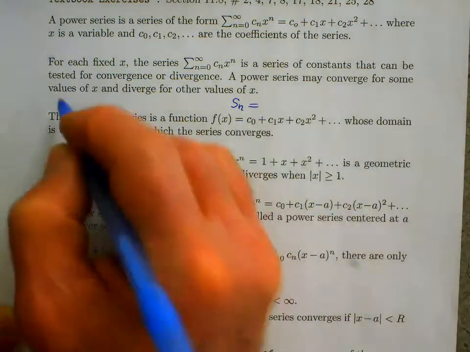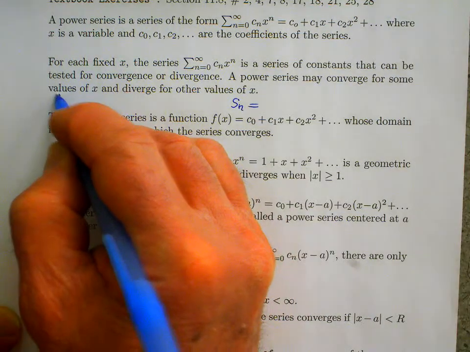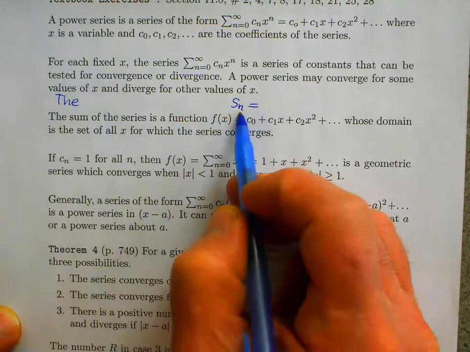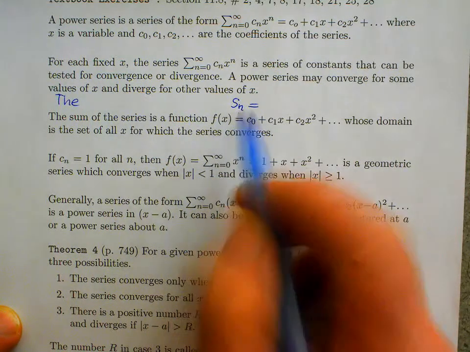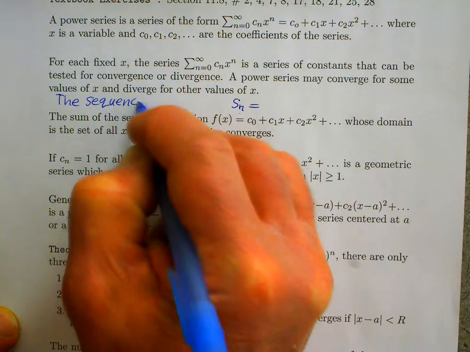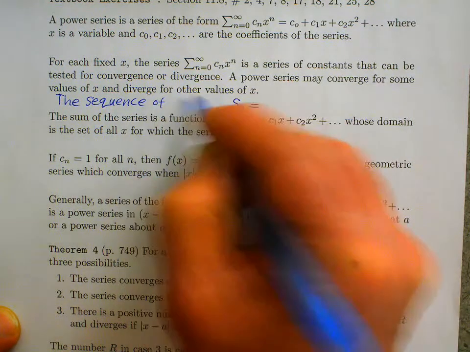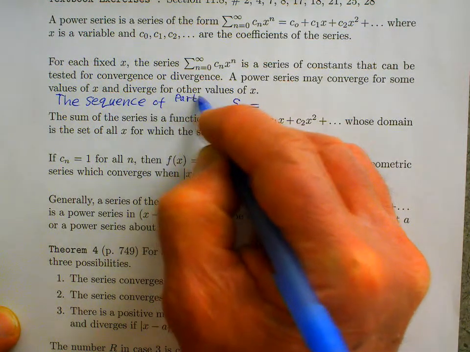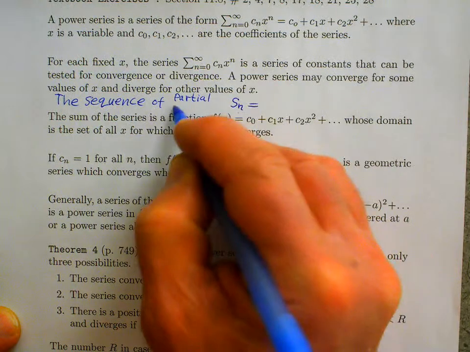If the terms of the sequence of partial sums are referred to as S sub n, then what's S sub n?